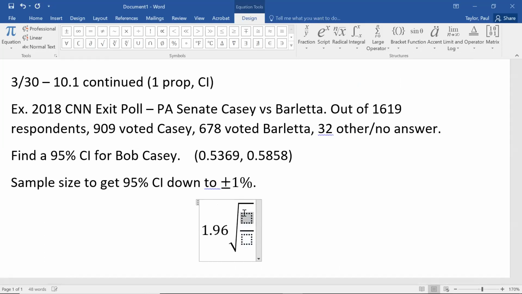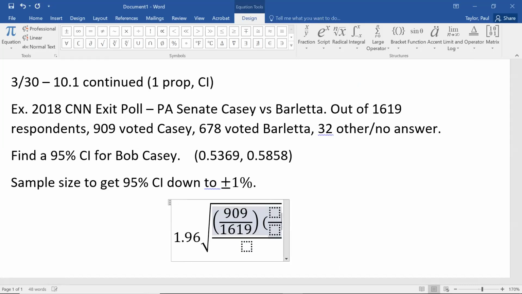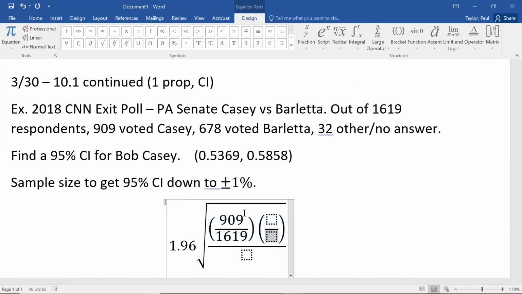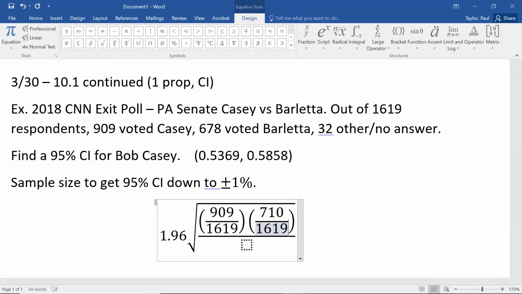Our proportion who voted for Bob Casey is 909 over 1619. And 1 minus that, the proportion who did not vote for Bob Casey, is 1619 minus 909, which gives you 710.